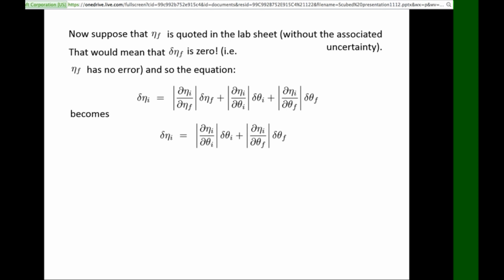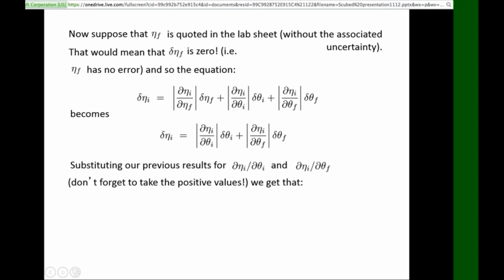It would become like this. Basically, the error in eta f has been put to 0. We substitute our previous results for partial eta I by partial theta I and partial eta I by partial theta f. Remember to take the positive values because of the modulus. And we get this.